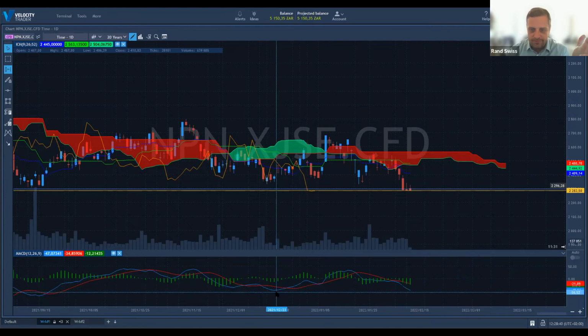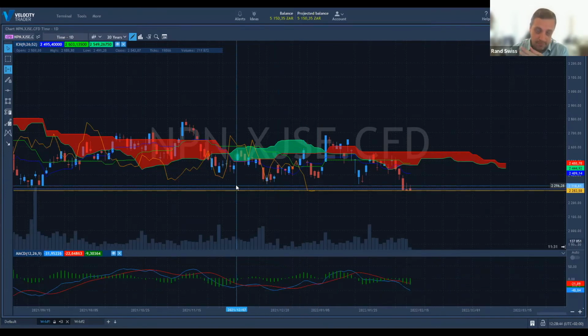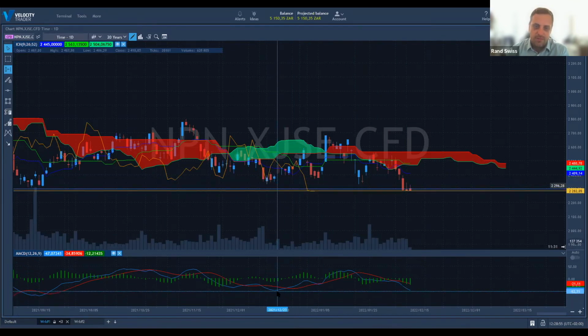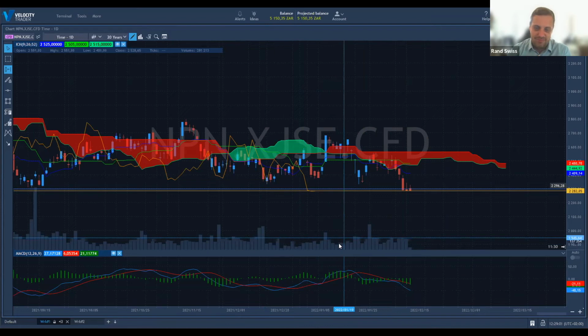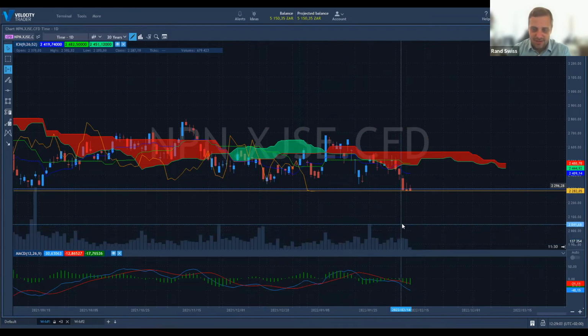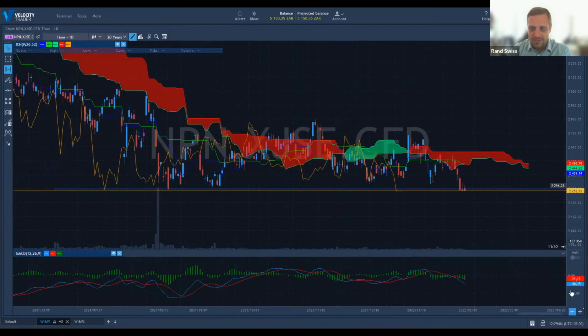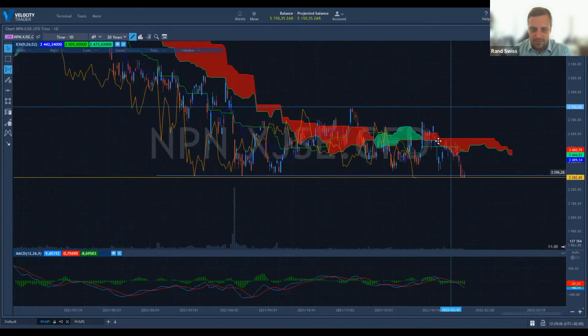I wanted to say there might be a bit of a bullish divergence, but it's so small. It's barely below where it was then, and it's pretty much at the same level. So would I call that a bullish divergence? Probably not. So Naspers is looking very bearish at the moment.